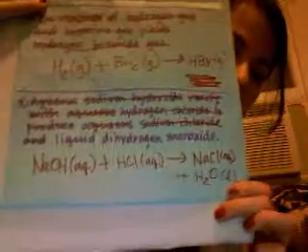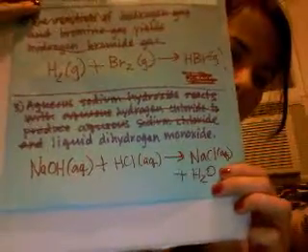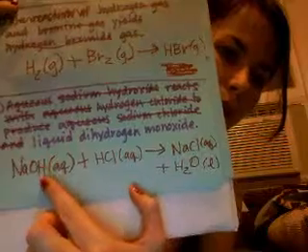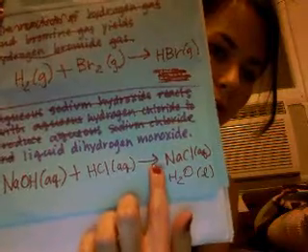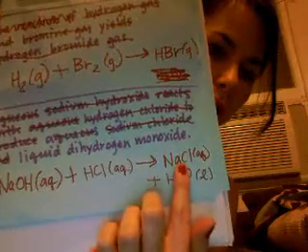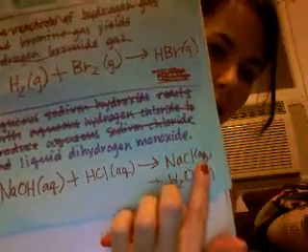Okay, so now we have this big long wordy thing, aqueous sodium hydroxide, which is represented right here, reacts with aqueous hydrogen chloride right here, to produce, arrow, aqueous sodium chloride, and that's NaClAq. I know it's hard to read, plus liquid dihydrogen monoxide. Okay, we are done. All right.